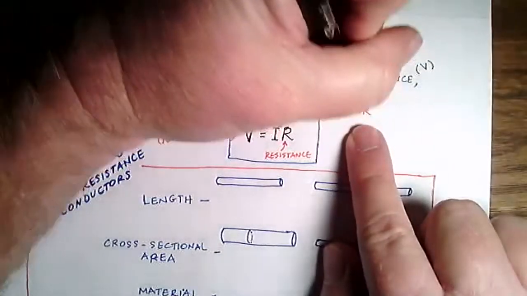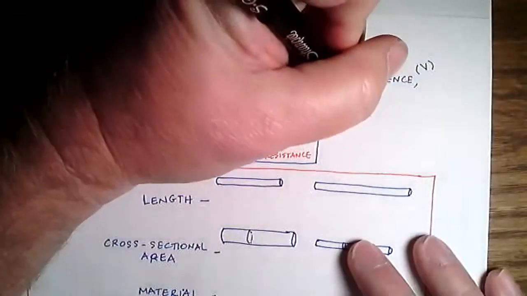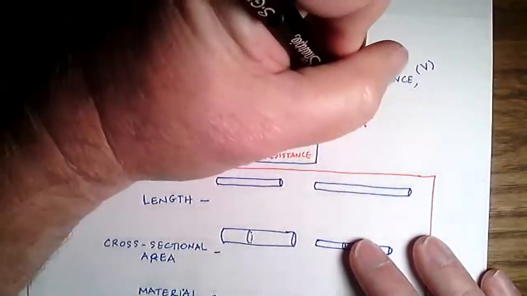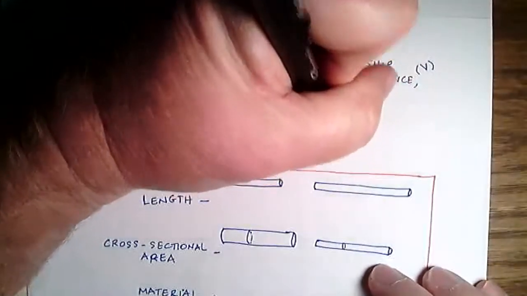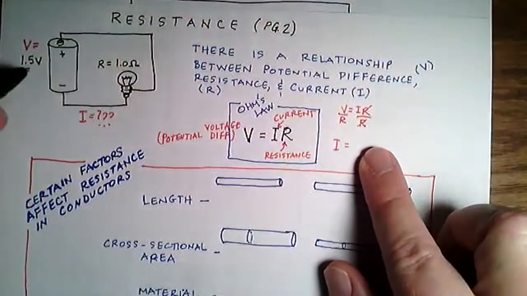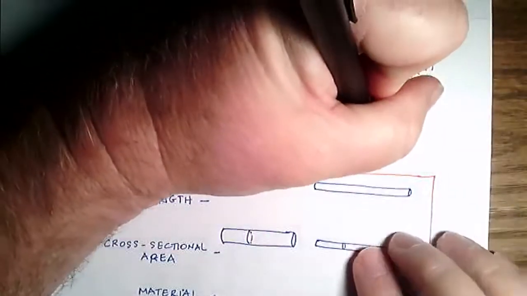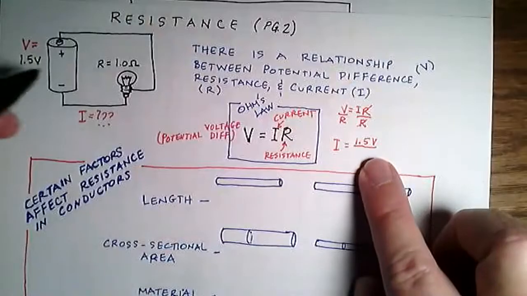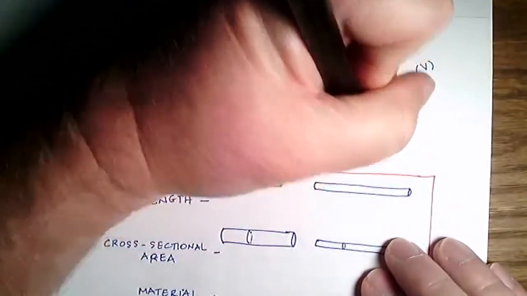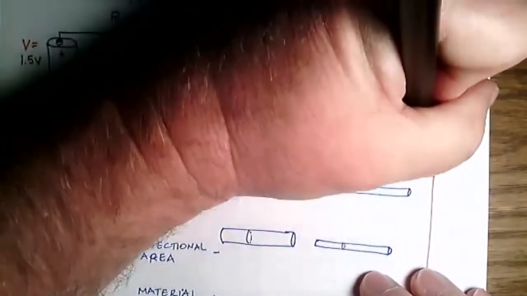If I'm solving for I, I would divide both sides by R to isolate I. So that would cancel those, and I would get I, the current, equals V over R, or in our case over here, 1.5 over the resistance, which is 1 ohm. And if I do that, I'm going to get my current, which would be 1.5 amps.